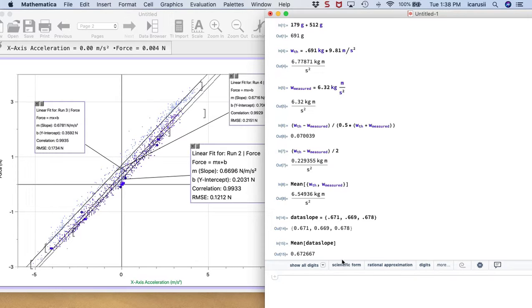Mean data slope, 0.672. So I expected 0.691. I got 0.672. Let's take a look at the error. Okay, 0.5.